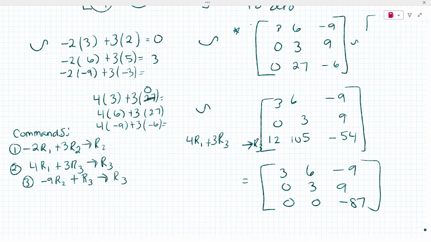You want to make sure you write down your commands or your row operations, because we're going to use these commands later on. So just note, some textbooks or professors want your pivots to be ones, but you don't have to, right? Okay.